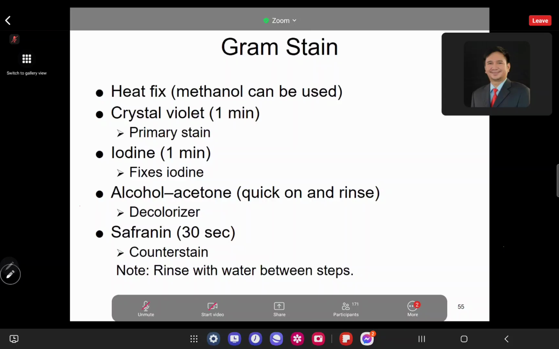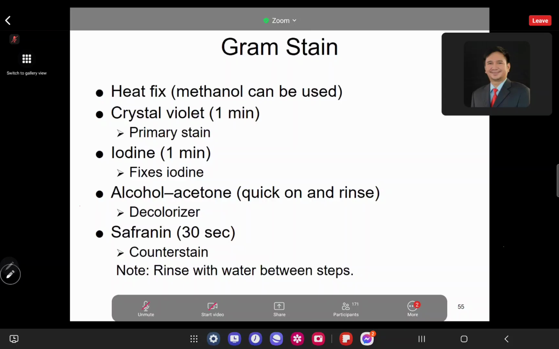We now have a replacement for the Bunsen burner. These are heaters, and they are commercially produced. Next is your primary staining for 1 minute. What is our primary stain? Your crystal violet. It will stain the entire bacterial cell.